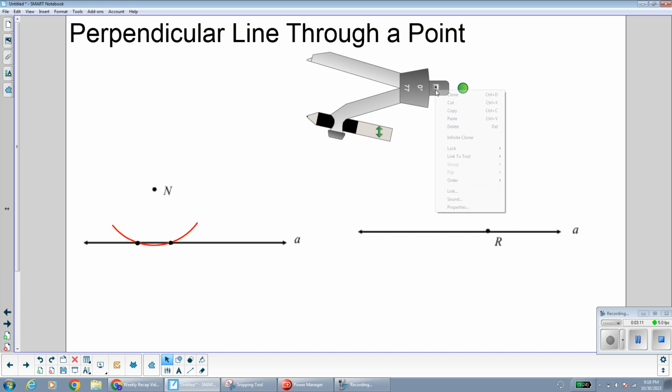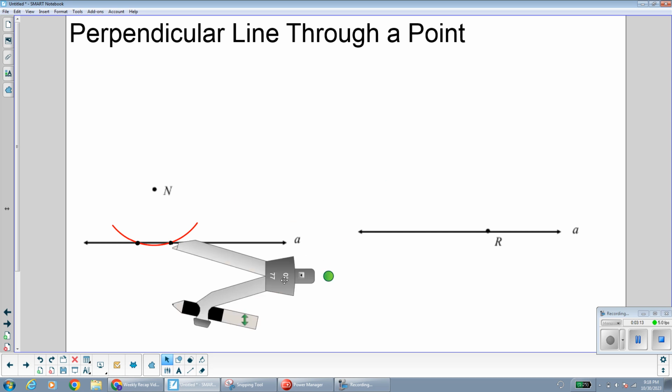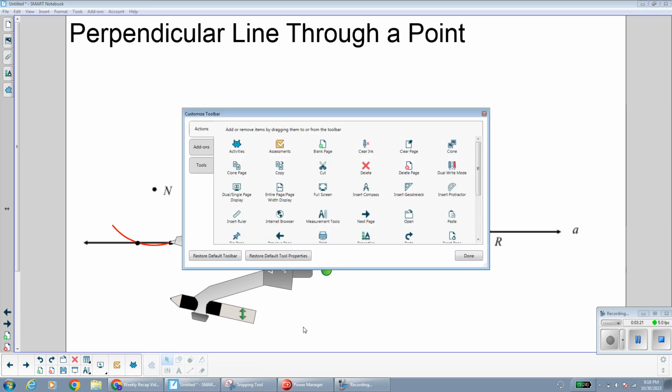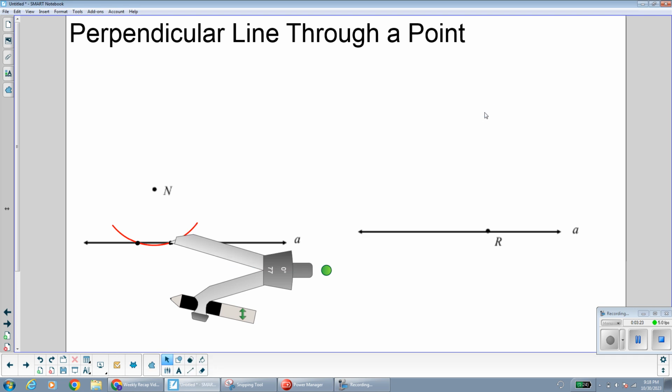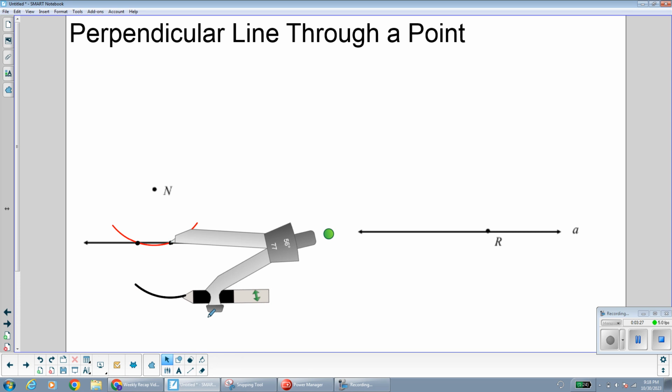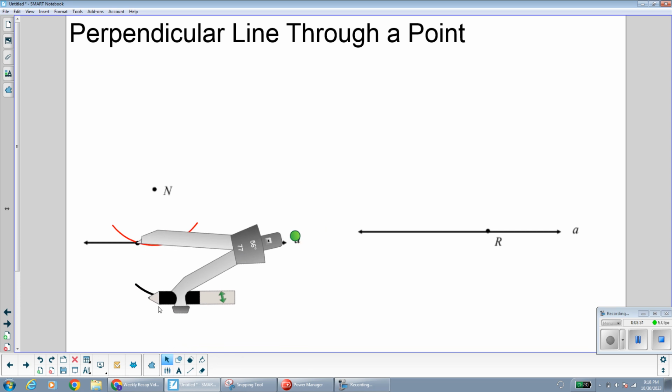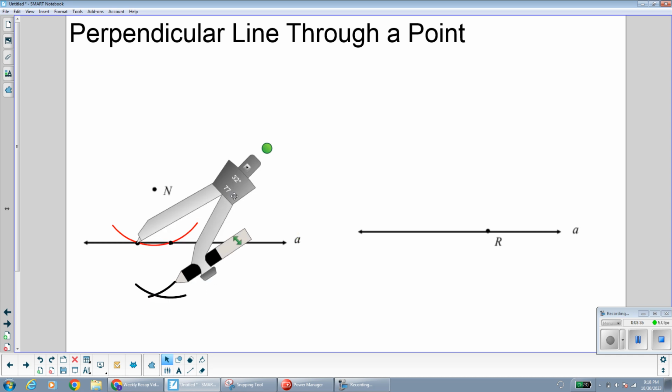That's where I'm going to put my compass. Going to put it on one of those spots and make an arc any distance. And then on the other intersection point, make the same arc any distance.